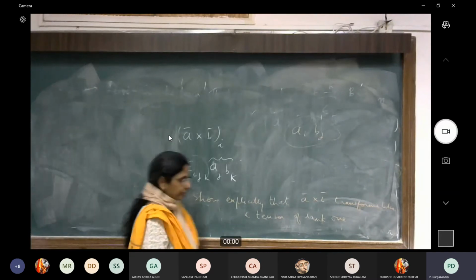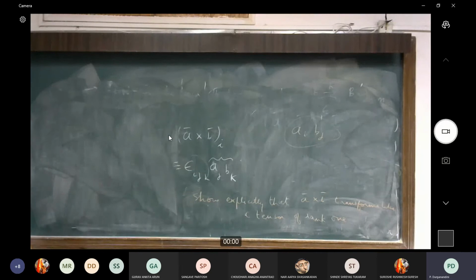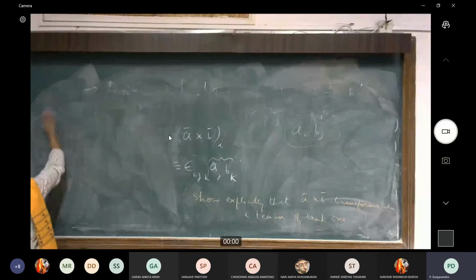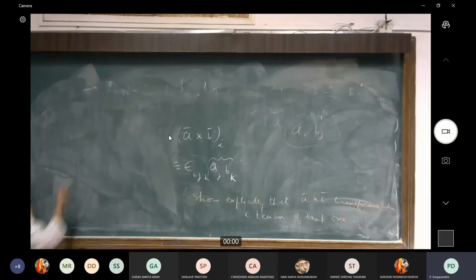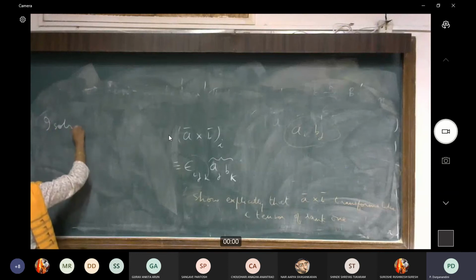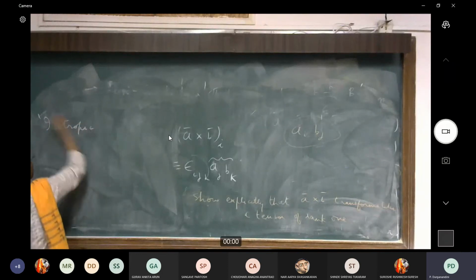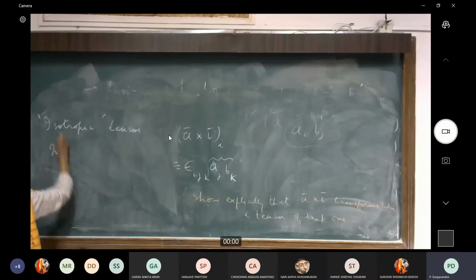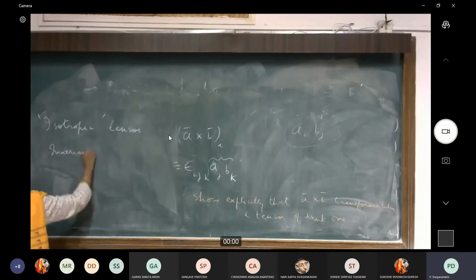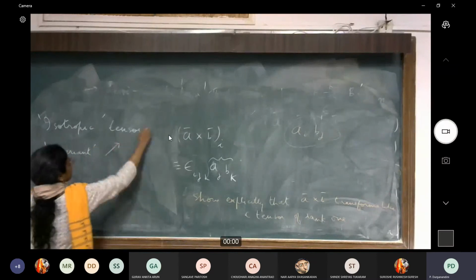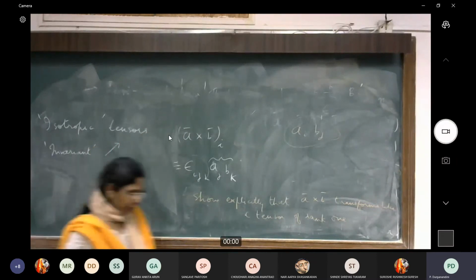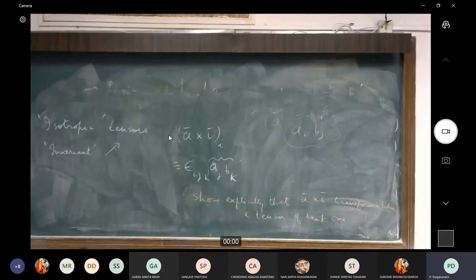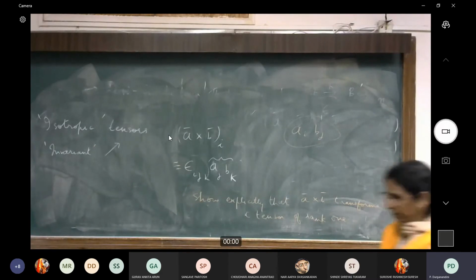And another very important property of these two objects is that they have the same components. The components are independent of the basis. And such tensors, which have components that are independent of basis, are known as isotropic tensors. So these are examples of what are called isotropic, or sometimes also called invariant, but I prefer to write it as isotropic. I'll tell you why. So delta ij is an isotropic tensor of rank 2, while epsilon ijk is an isotropic tensor of rank 3.